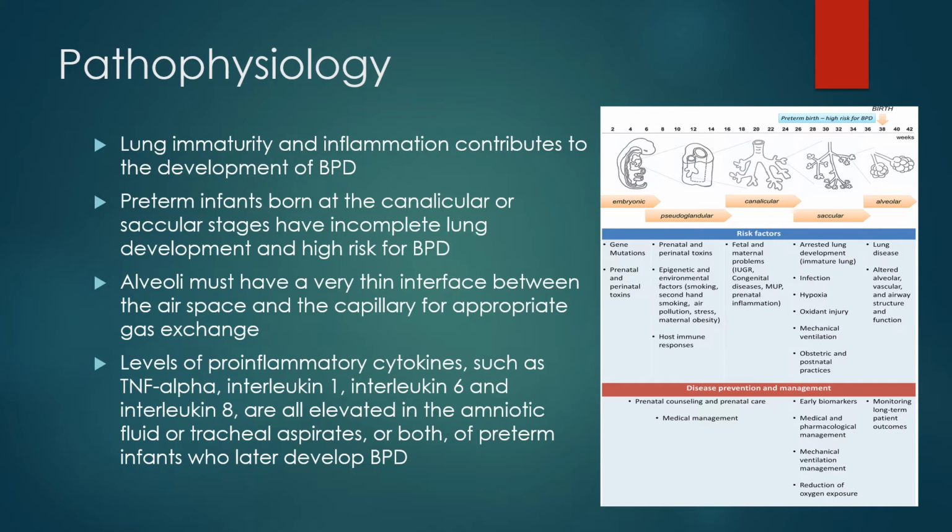The extensive network of alveoli is developed by septation between the terminal respiratory unit, beginning in the saccular stage, starting at approximately 26 to 28 weeks. The alveoli are vulnerable to inflammation and impaired growth during this stage.